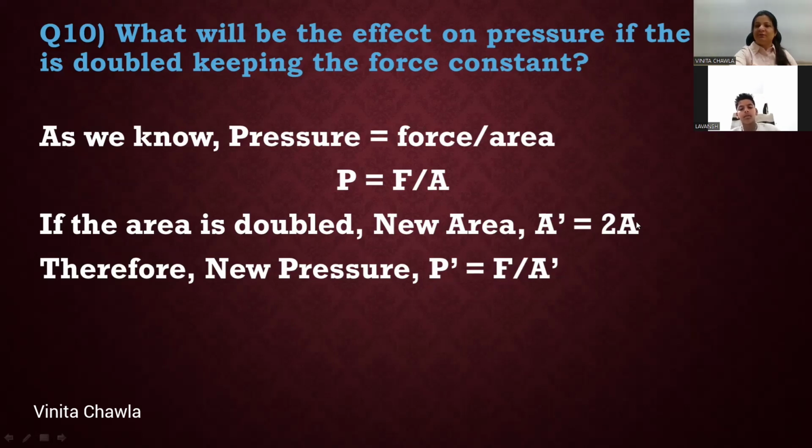We can write F upon 2A, because A dash is 2A. New area is twice the previous area. And this F upon A, forget this 2, consider these only.